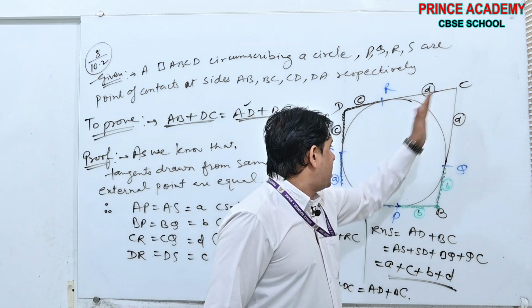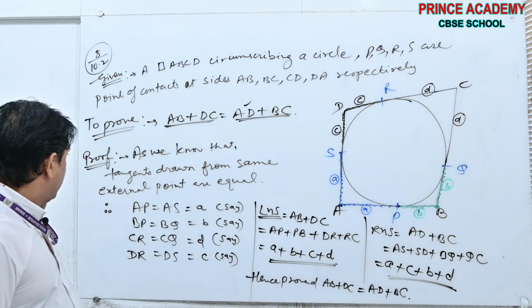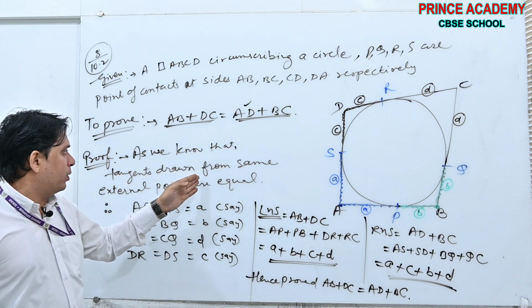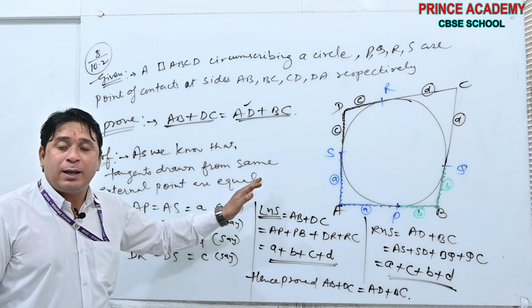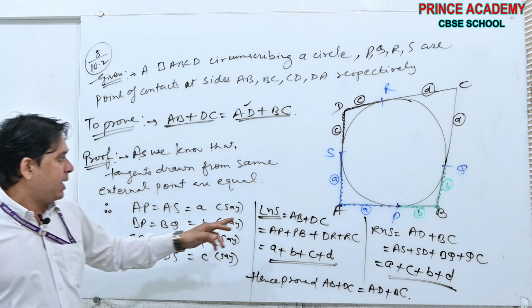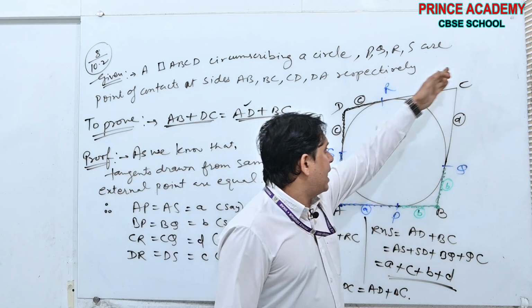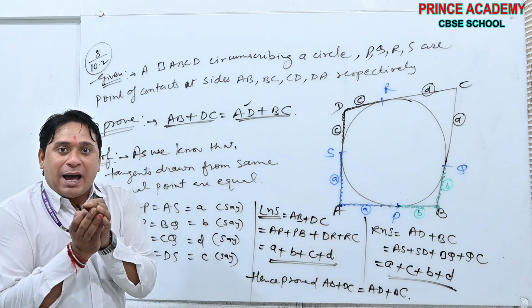What we used is this theorem: as we know that tangents drawn from the same external point are equal. AP, AS, BP, BQ, CR, CQ, DR, DS. And all we assumed.